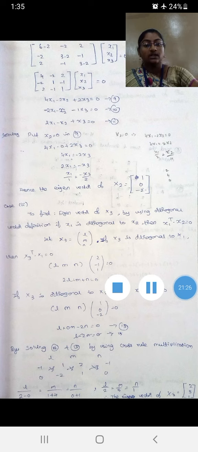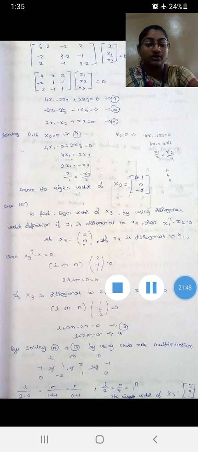In case 3, by using the orthogonal formula, x1 transpose into x2 equal to 0. I am using this for symmetric matrices with repeated eigenvalues. Here I am taking x3 equal to L, M, N column wise. If I take the transpose of this x3, I get L, M, N row wise.